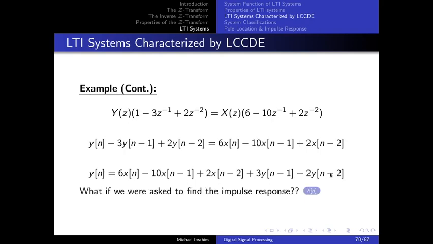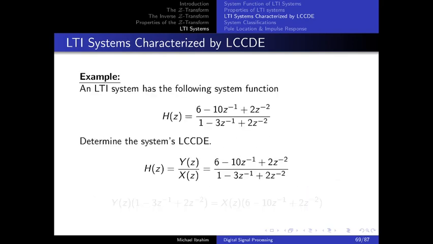Now what if I asked you to find the impulse response? How can you find the impulse response of this system? Basically, what you need to do is to find the inverse z-transform of this H(z).